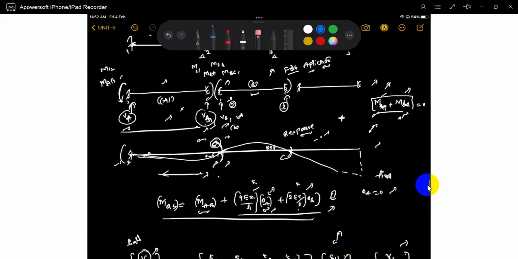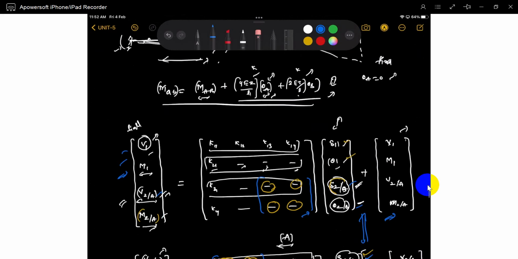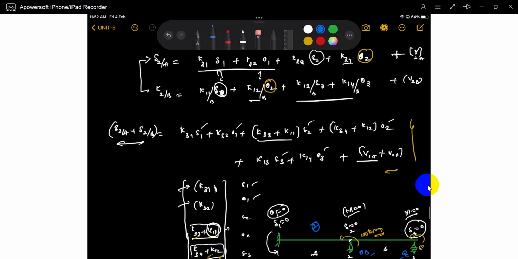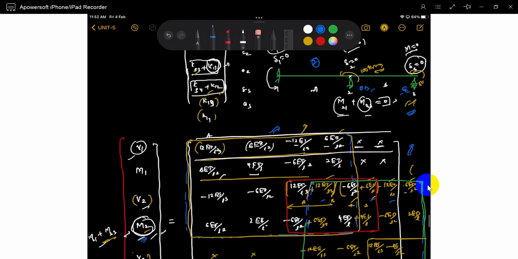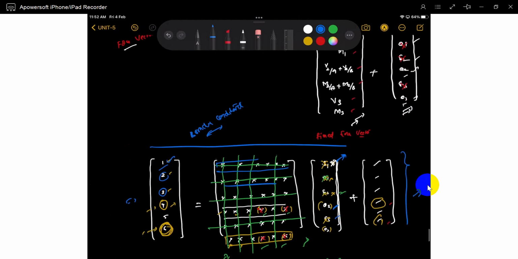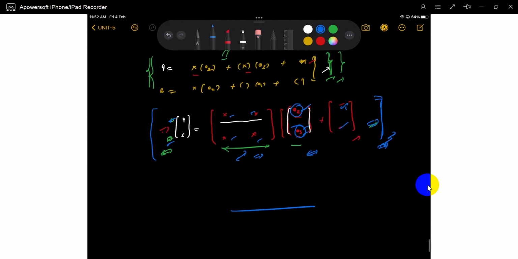Where I said it once again, you have to remember this forever. If there is deformation here, the bending moment is 0. That is the boundary condition, sir. Why is it so, sir? Here the moment is released, and only then will deformation form.